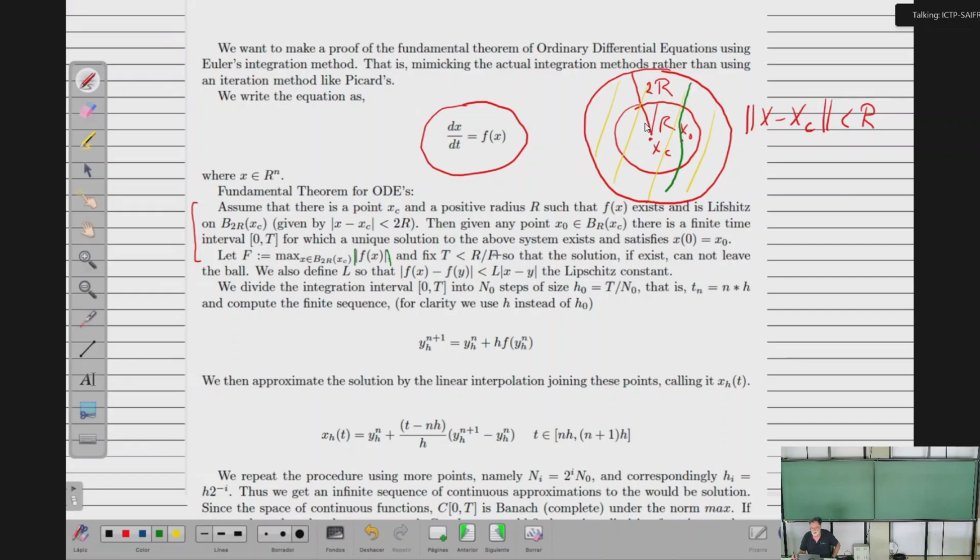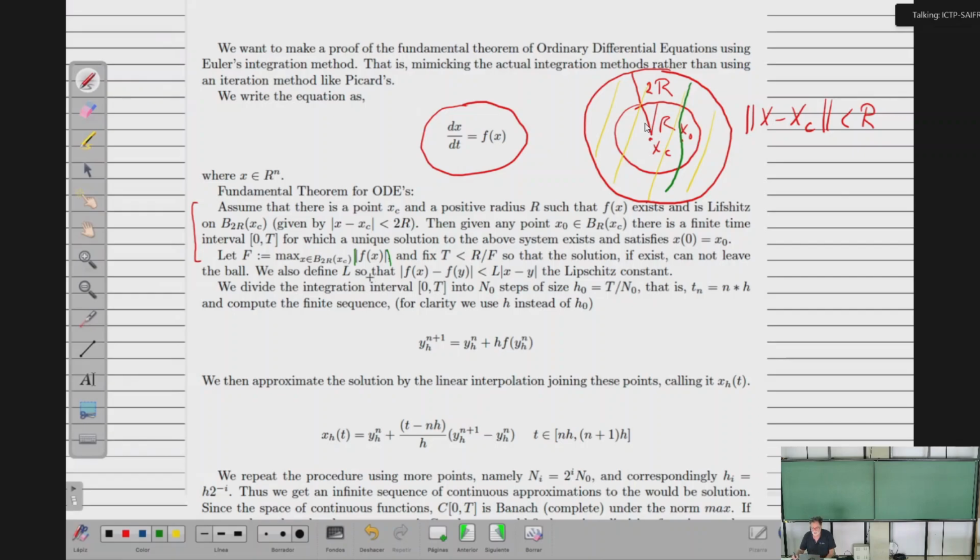So f times t gives the longest region where the solution can go, and we want this to be smaller than the radius r. We want to make sure that the solution doesn't exit the big region. If we start at some point and evolve the solution during this time, we are sure that we are not going to reach the 2r. So that's the condition.